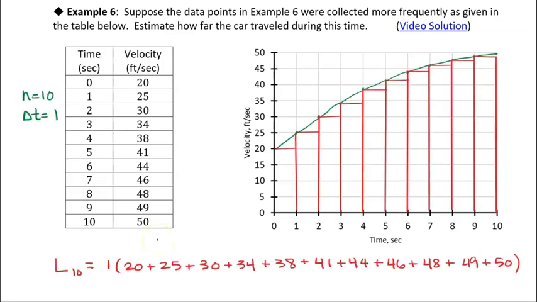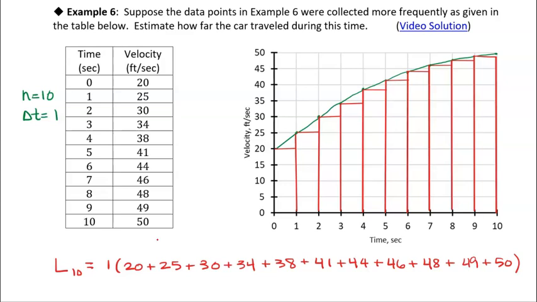All right, so I've plotted the points that are in the table, right? And the green line represents just me connecting the dots with a nice smooth curve. And then these red rectangles represent the left-hand sum. So I'm going to call it L10, because there are 10 subintervals, so n is equal to 10.